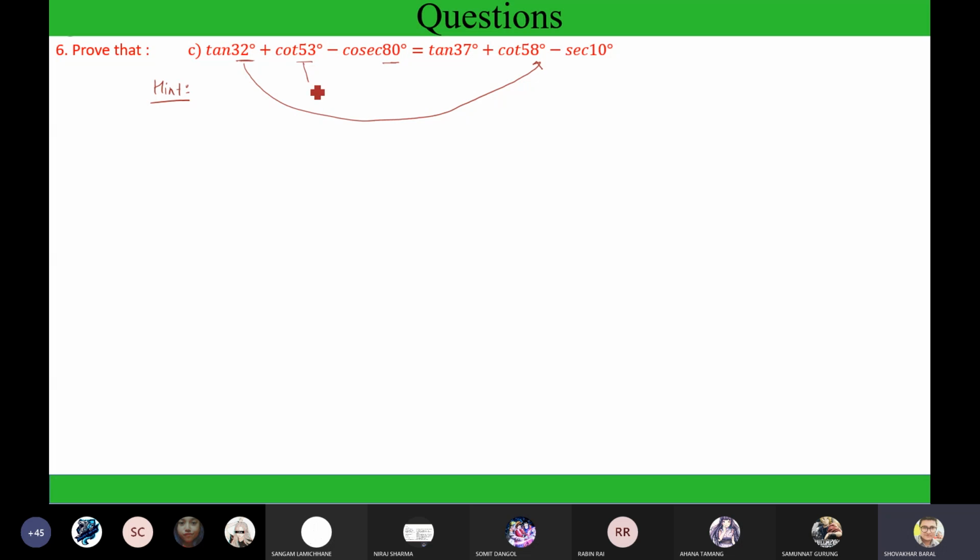Similarly 53 and its complementary pair is 37 degree. The complementary ratio of cot is tan. Similarly the complementary ratio of cosec is sec. Similarly the angles also match there. Once you replace this 80 by 90 minus 10, 53 by 90 minus 37, 32 by 90 minus 58, you will get the result. Okay, please do it yourself.